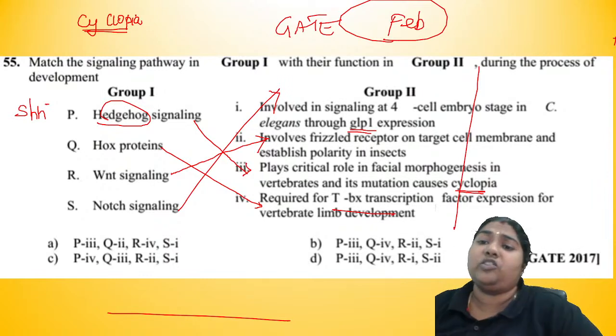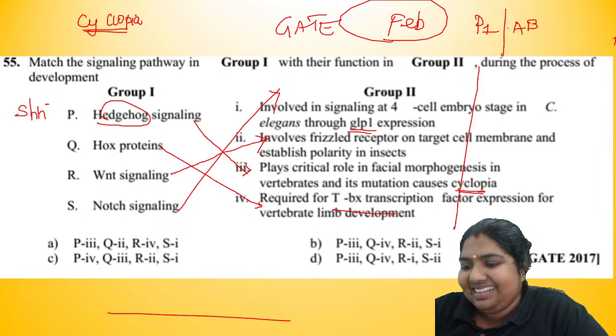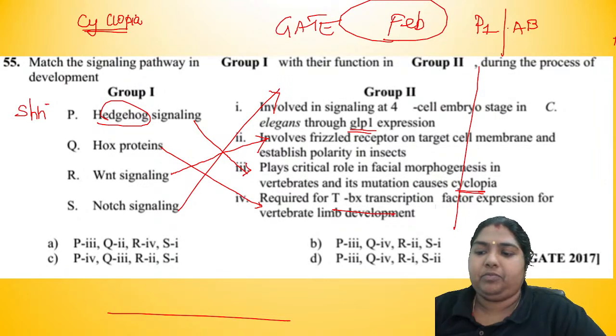You remember, in C. elegans a lot of questions used to come early, like this P1 and AB, which is called a founder cell. Is P1 called a founder cell, or is AB called a founder cell? Which is going to be the founder cell? Is it P1?